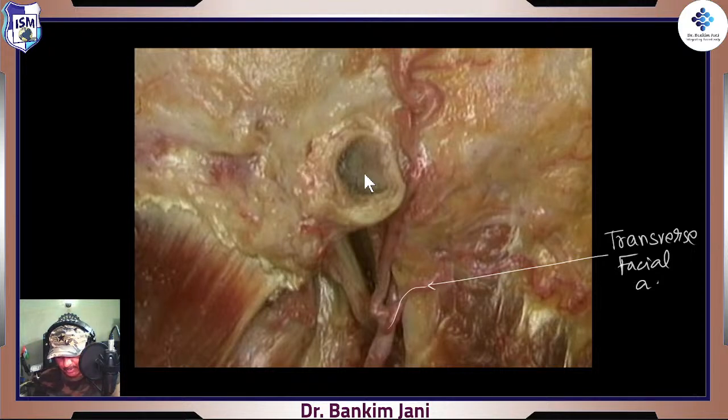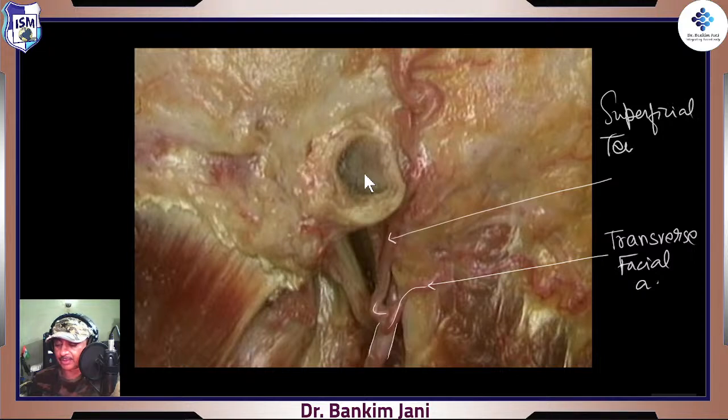Then this big one. It is a big one. We feel that okay, now it is over, this must be the last branch. Maybe, let's see. But it is a branch. See, the main trunk is still going, and this is a bigger branch. So this is the superficial temporal.